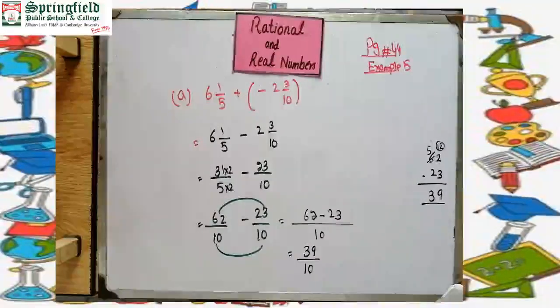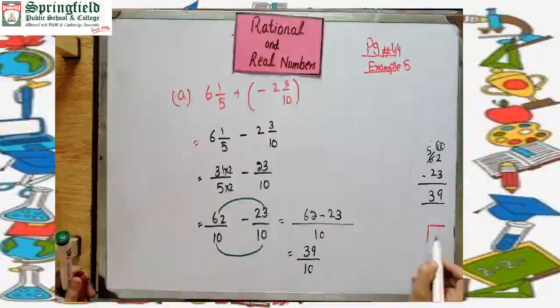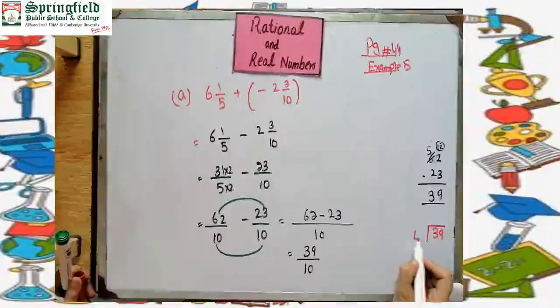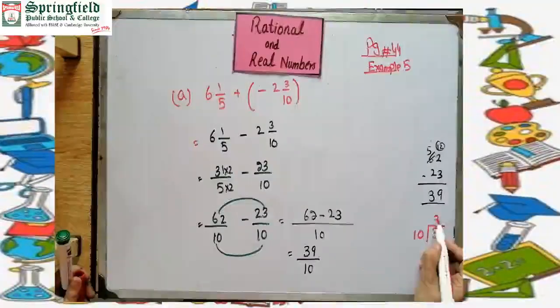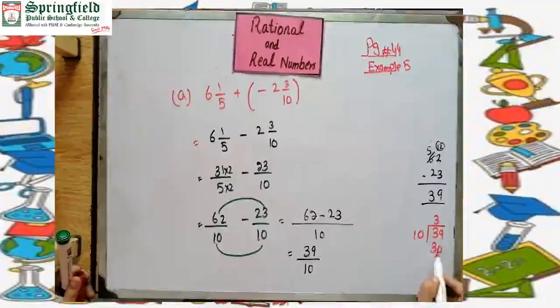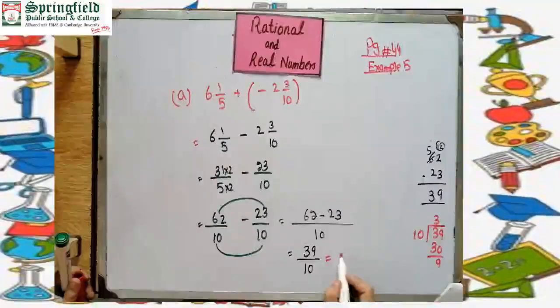Now divide it and find the answer. Ten 3s are 30. So 3 whole 9 by 10 is your final answer.